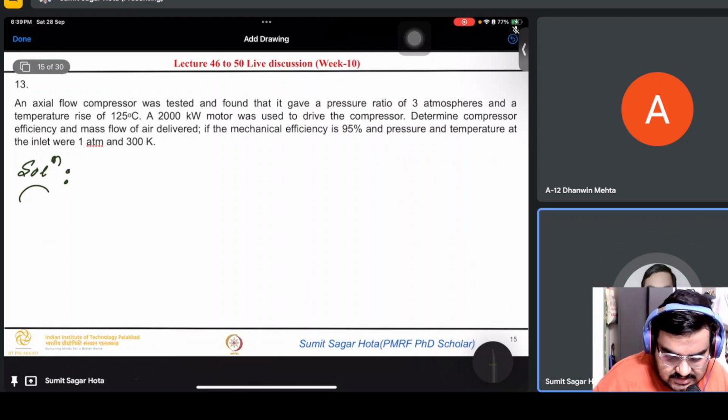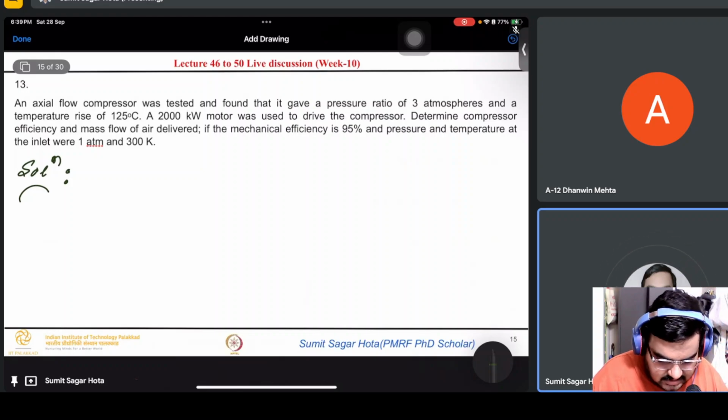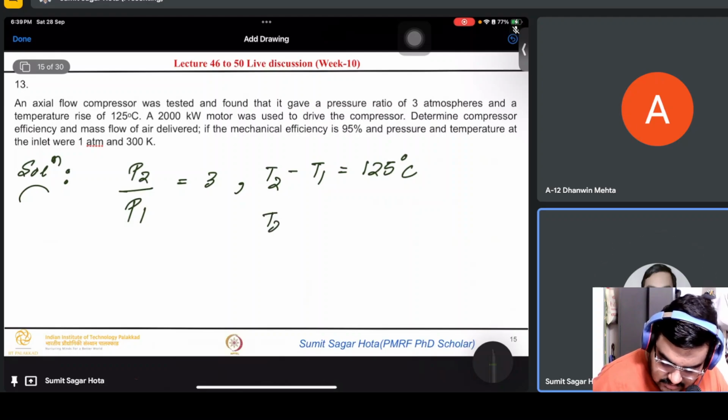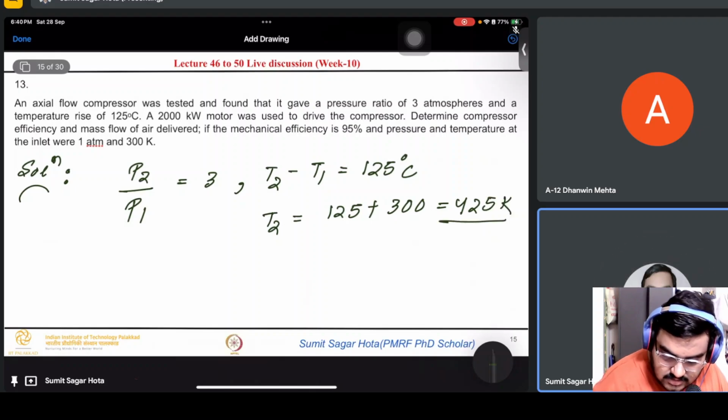In this question the pressure ratio is given: P2 by P1 equals 3. Next, T2 minus T1 equals 125 degrees Celsius. T1 is already given as 300 Kelvin, so 125 plus 300 gives 425 Kelvin. We got T2.